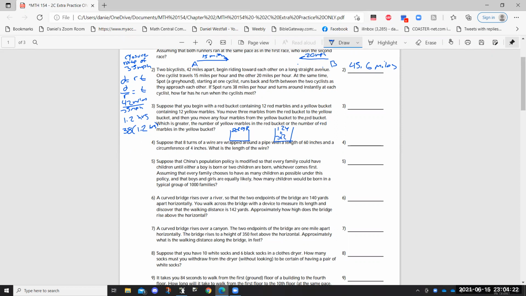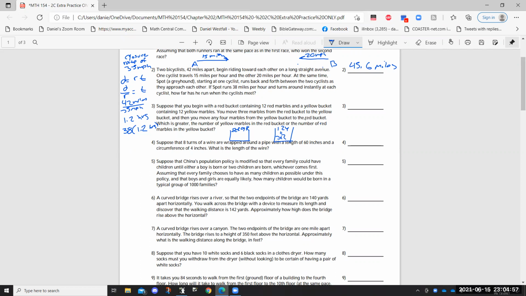Okay, now it says that I'm going to take any 4 marbles that I want from the yellow bucket and move them to the red bucket. So I could move all 4 of them as yellow, right? Or I could move 3 yellow and a red, or 2 yellow and 2 red, or 3 yellow and 1 red. I can't move 4 red though, right?